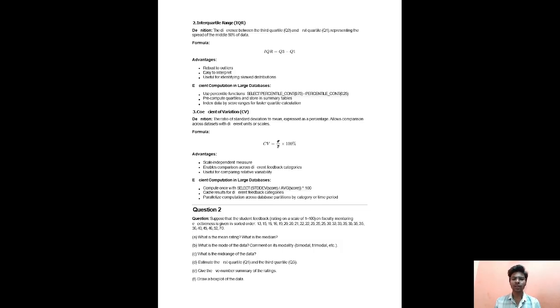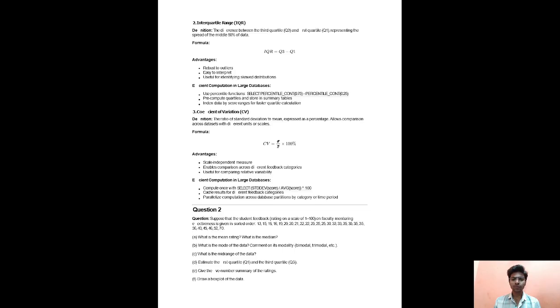Suppose that the student feedback ratings on a scale of 1 to 100 on faculty mentoring effectiveness are given in sorted order. You can see this. The question's section A asks: what is the mean rating and what is the median?